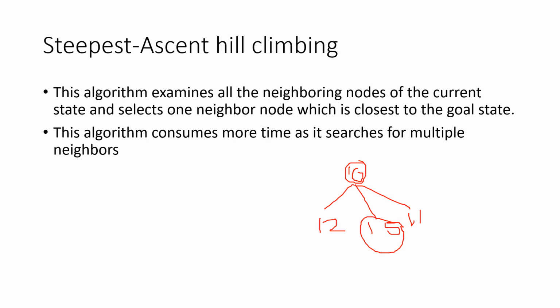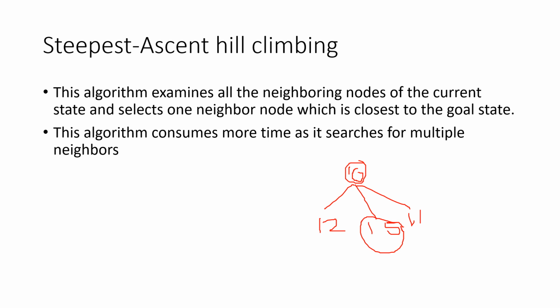Because it examines all the neighbors, it consumes more time and computation resources. There are more comparisons, so compared to simple hill climbing, it is slower. It may take more time and more computing resources, but it will give a better solution. For example, imagine we are climbing a mountain blindfolded.